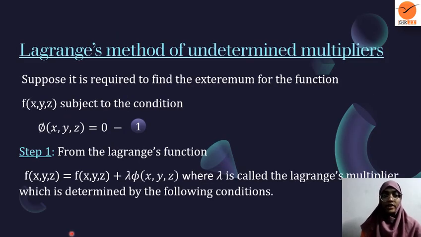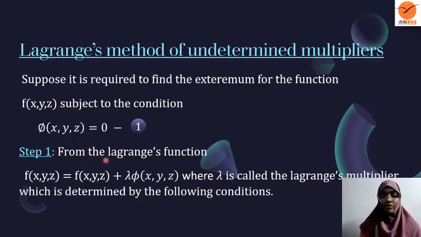And now let us know what is meant by Lagrange's method of undetermined multipliers. Suppose it is required to find the extremum for the function f of x comma y comma z subject to the condition phi of x comma y comma z equals 0.